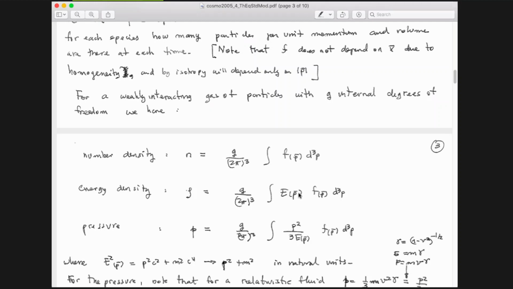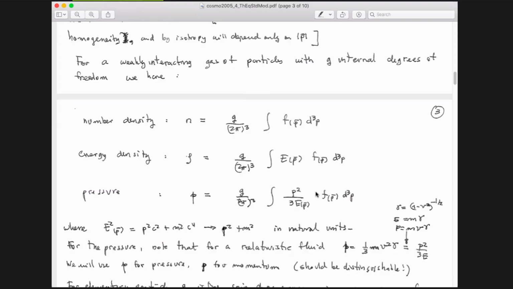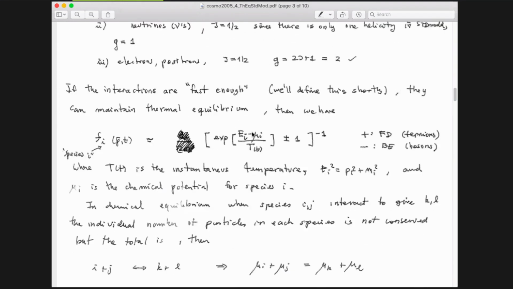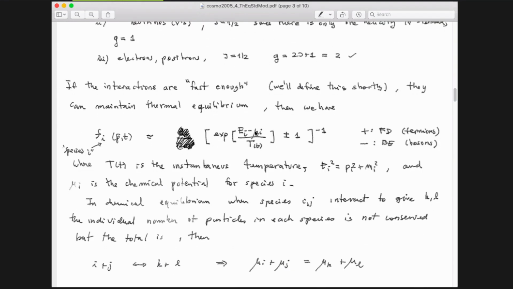For each particle, you multiply the energy and then do the integral. Then f of p is what? Go back here. f of p for a photon, mu is 0, so it is 1 by e to the power E by T minus 1. There is a minus 1 on the top, to the power minus 1. Is it clear? Very simple.